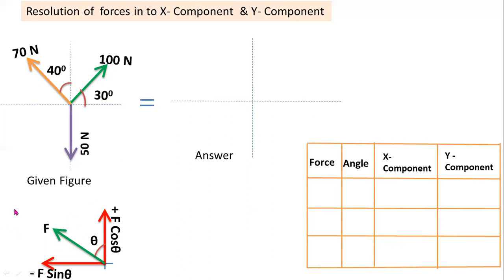From this, the horizontal force for 70 newtons is minus F sin theta. F equal to 70 newtons, theta equal to 40 degrees. So 70 sin 40 is the horizontal force, and the vertical force is 70 cos 40 degrees.